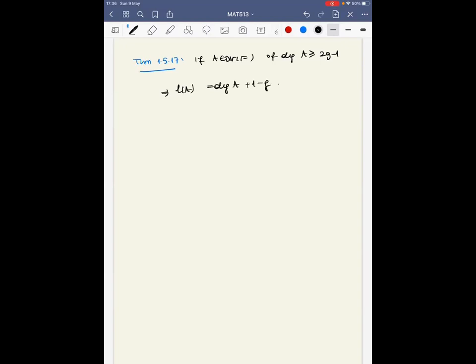And in this case, this 2g minus 1 is the best possible bound for a canonical divisor, because L of W is always strictly bigger than its degree plus 1 minus g, because by the previous lemma this dimension is g, its degree is 2g minus 2 plus 1 minus g. This is g minus 1. So we always have this strict inequality.